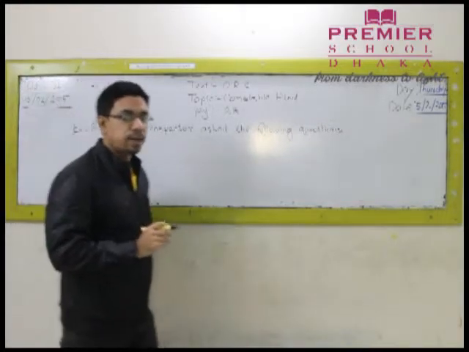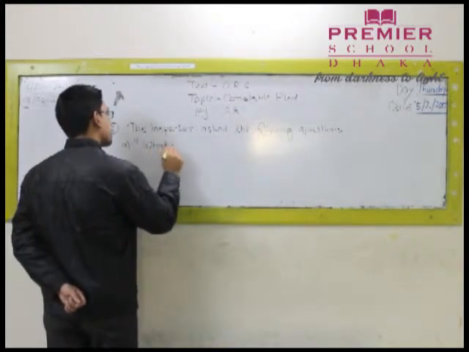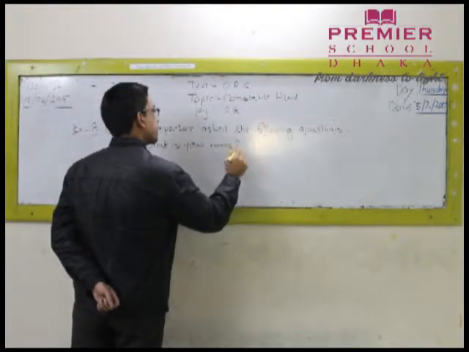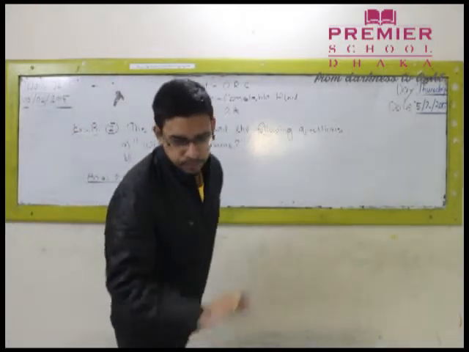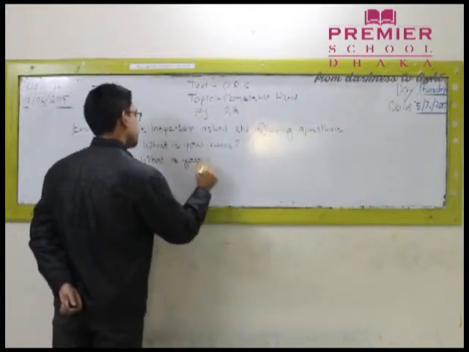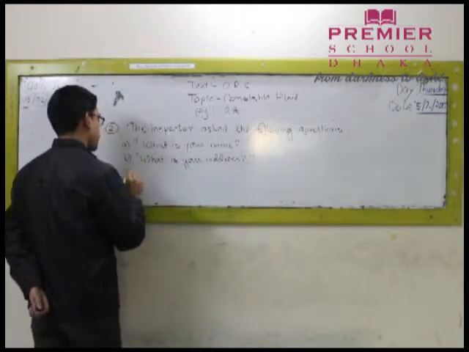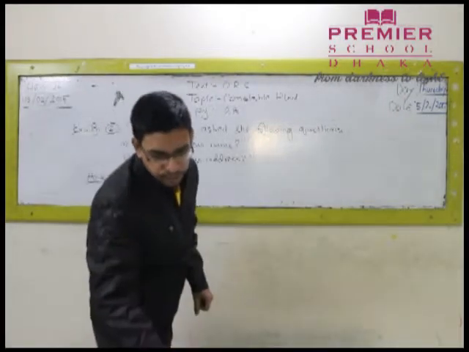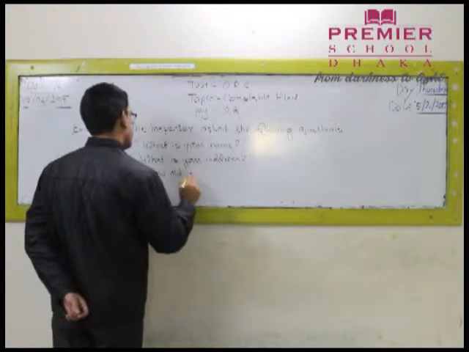So let's use the speech marks. The first question was, what is your name? The second question was, what's your address? Children, please do not mistake or forget the speech marks. Question 3 was, I hope you know, how old are you?